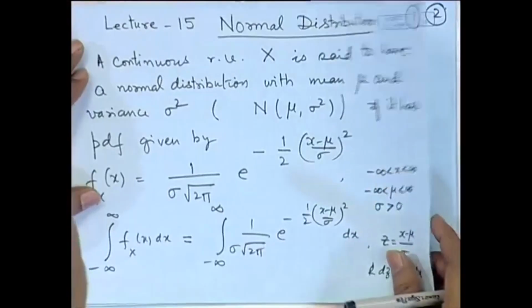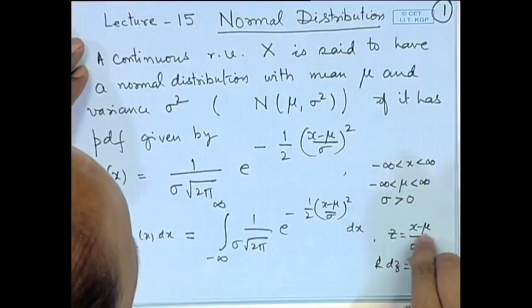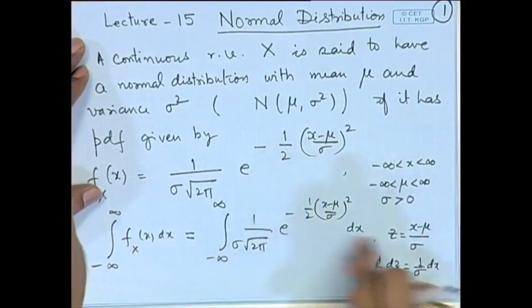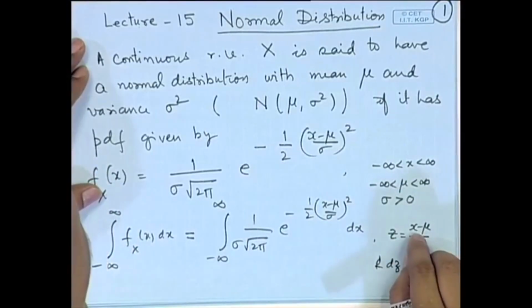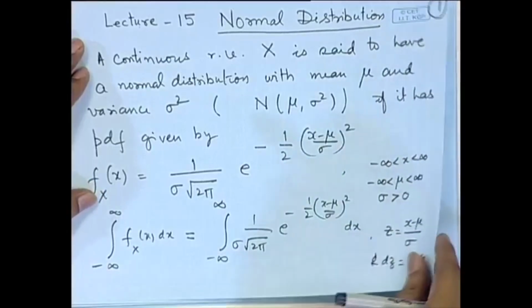We look at the moments of this distribution. Now, if we consider the transformation that we have made here, that is z equal to (x minus mu) by sigma, this suggests that it will be easier to calculate moments of x minus mu or moments of (x minus mu) by sigma. So, we will do that.